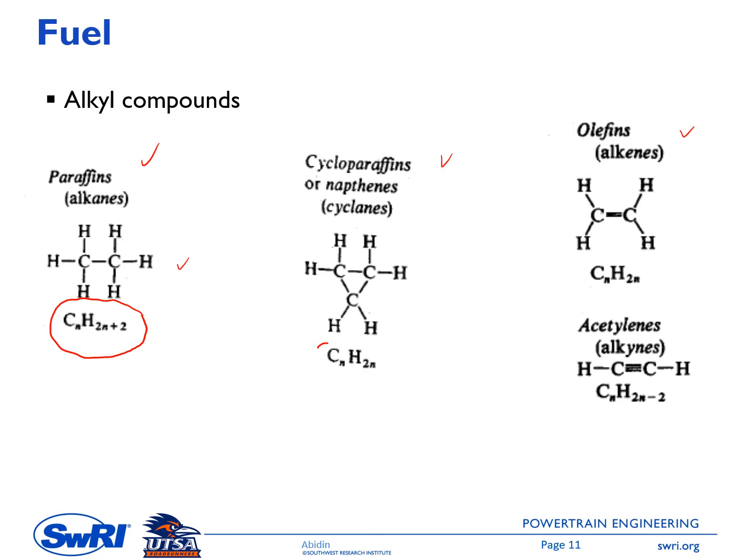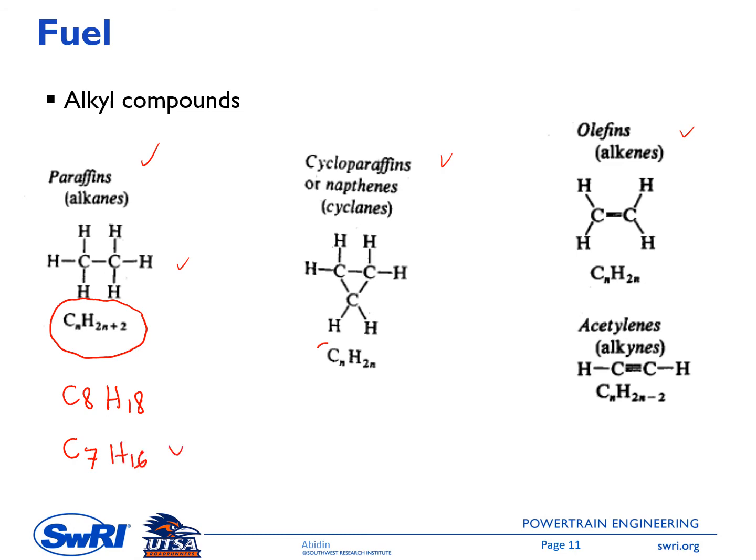An example of this paraffin is isooctane, C8H18. Usually it is used as a surrogate for gasoline. We might have also C7H16, which is n-heptane.